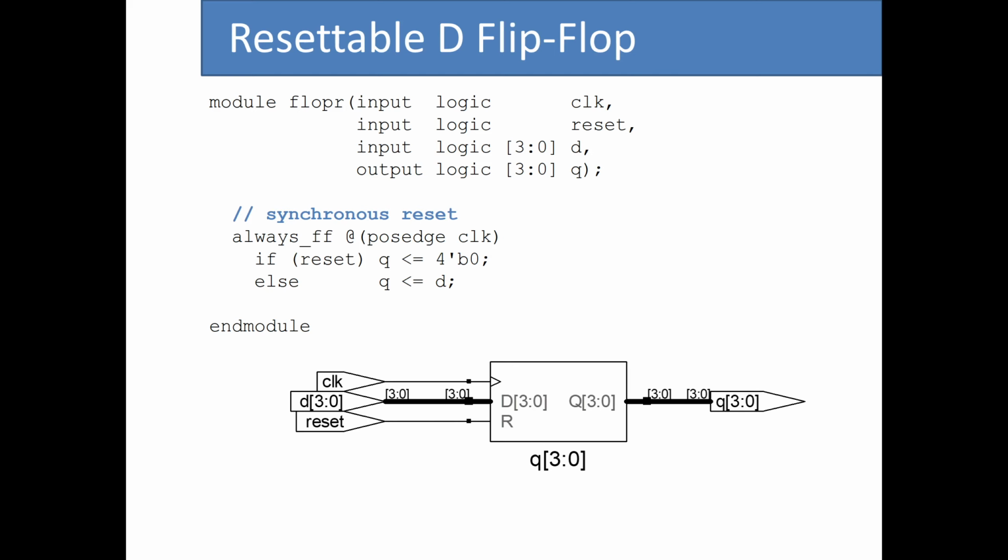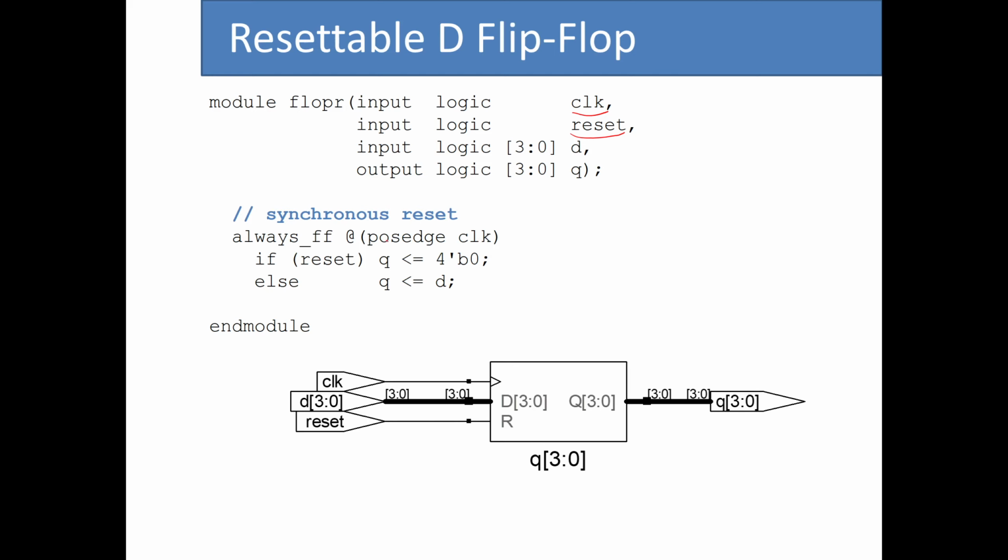For the module defined for a synchronous resettable flip-flop, we have for the inputs a clock signal, a reset signal, and then we have the data and Q output. Inside always_ff, since this is a synchronous resettable flip-flop, the sensitivity list only contains the positive edge of the clock.